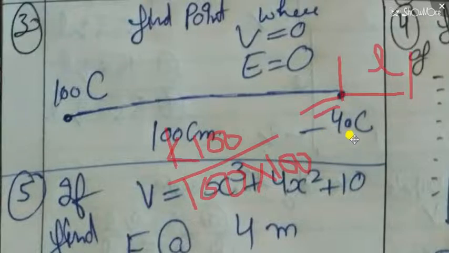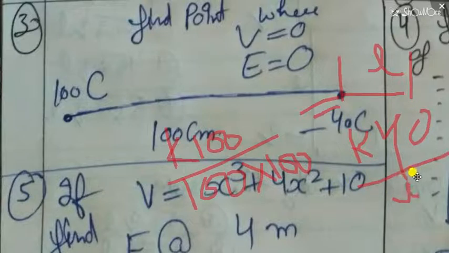So it is equal to K into 40 by L square. So solving, K gets cancelled out, and this 100 and 100 gets cancelled out.